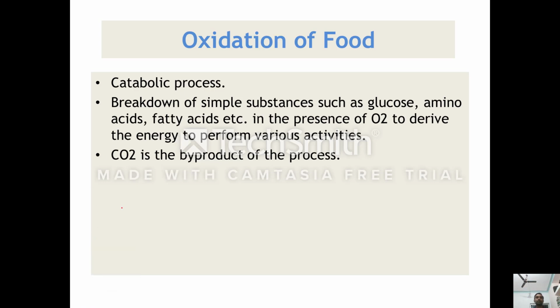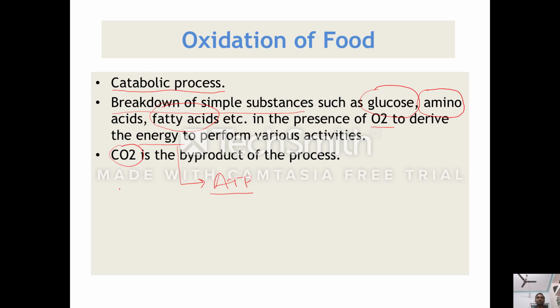Catabolic process means the breakdown of simple substances, such as glucose, which we get from the digestion of starch, and then amino acids and fatty acids. These simple substances are used in the presence of oxygen to derive energy, and the energy is generated in the form of ATP.